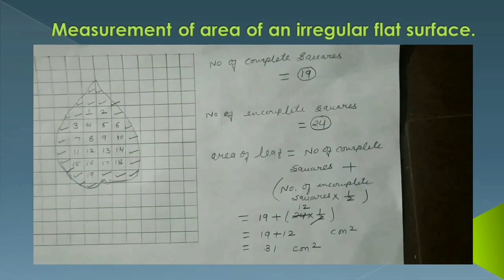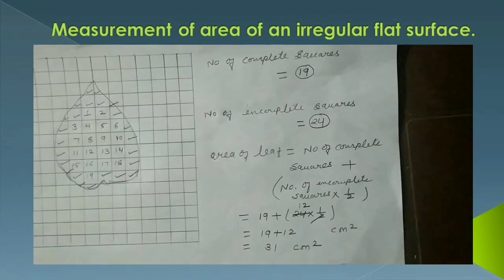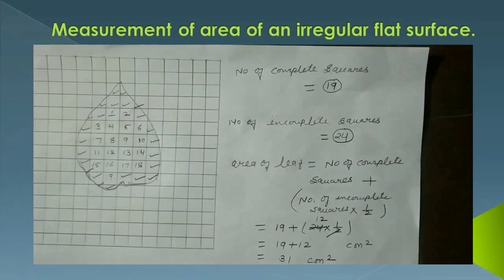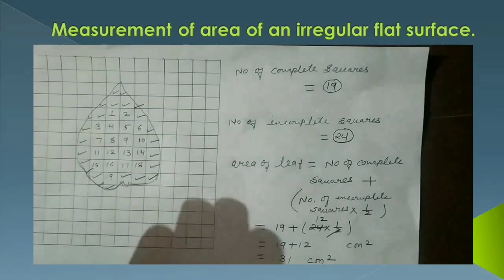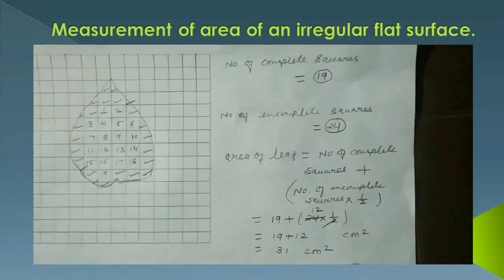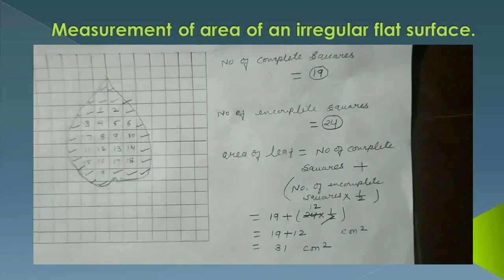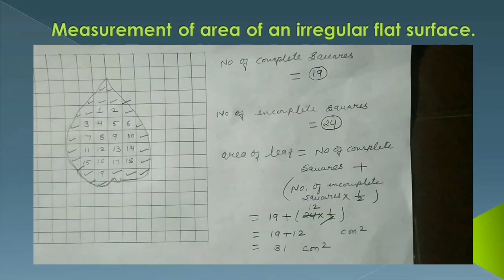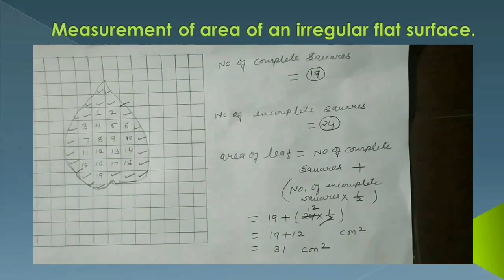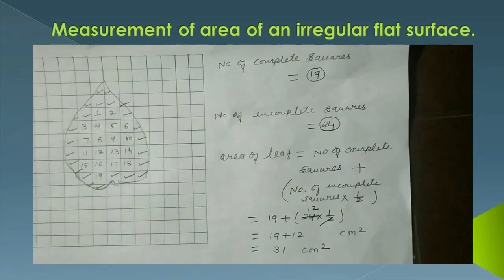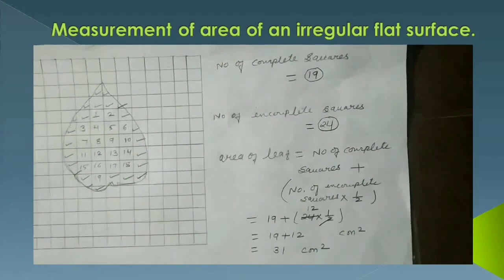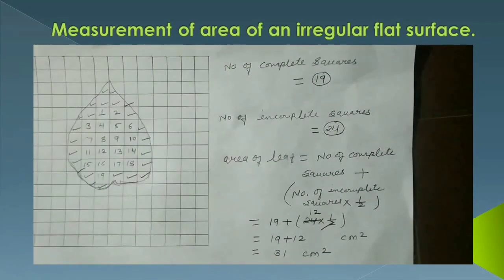Actually it is centimeter graph paper. The area can come in decimals too, like 31 point something or 32 point something. That means there is no need to find the area in whole numbers. In this way you can find the area of any irregular surface.